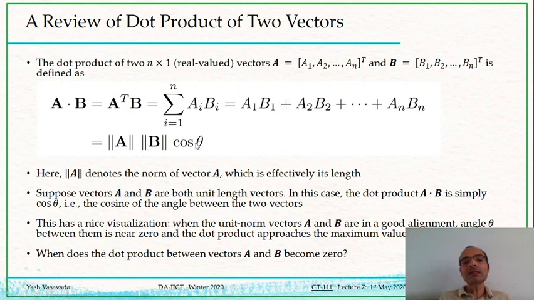When theta is 180 degrees, you get maximum alignment but in the opposite direction, and the value of dot product becomes maximum negative value, or one can say minimum value. And when theta is equal to 90 degrees or 270 degrees, then this dot product becomes 0.